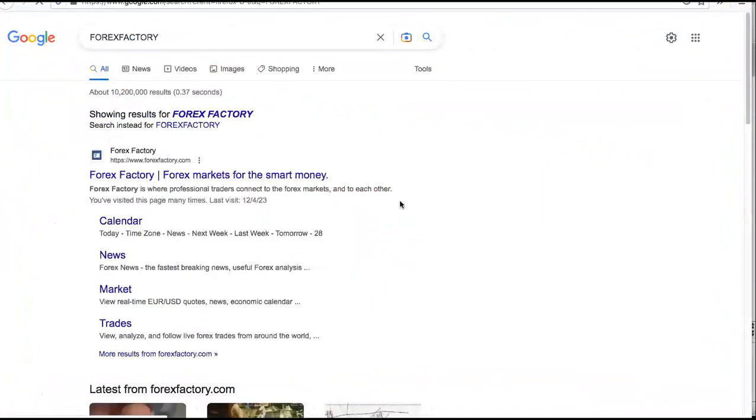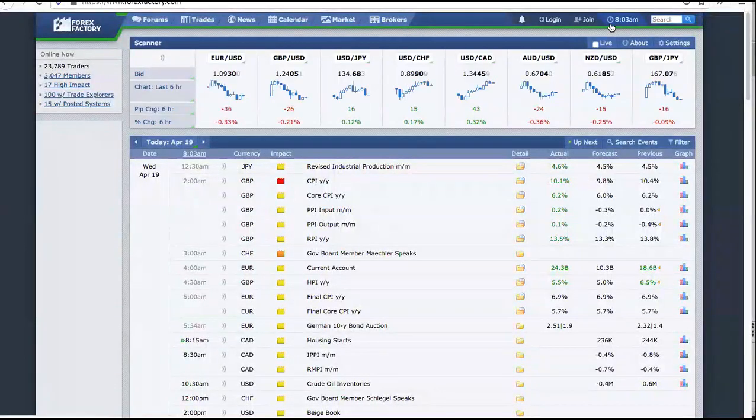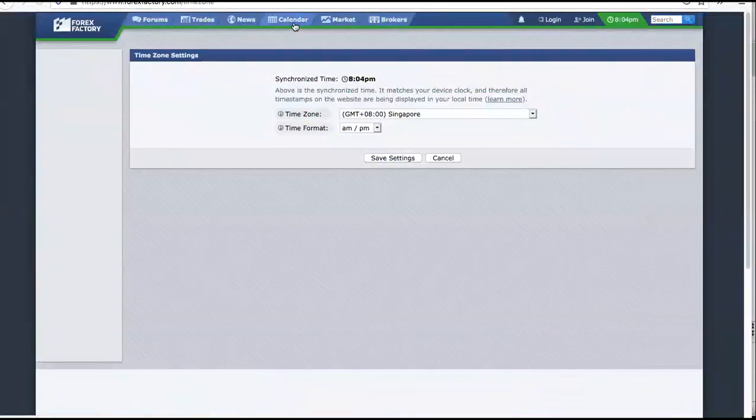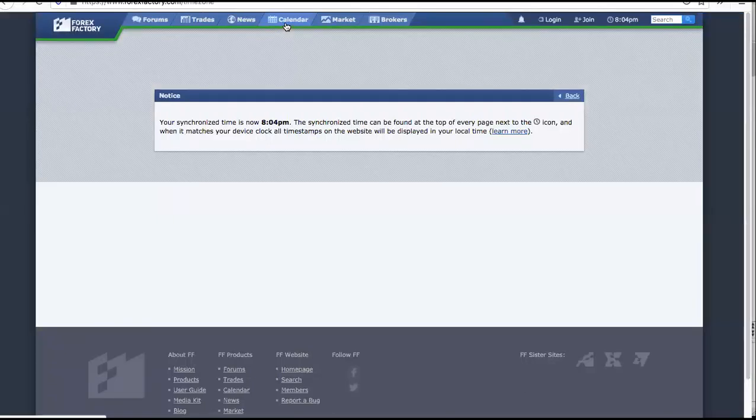So this is taking a while to load. Either Forex Factory or Vantage Markets is good. So just switch the timestamp. I just switch it to my local time under the economic calendar.